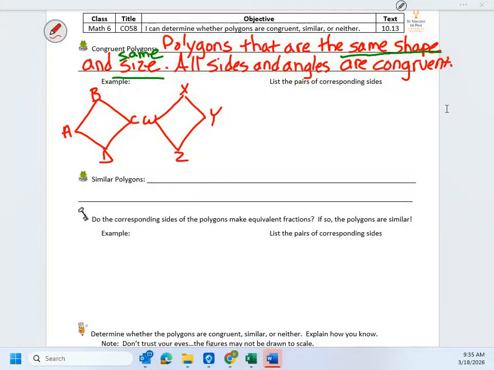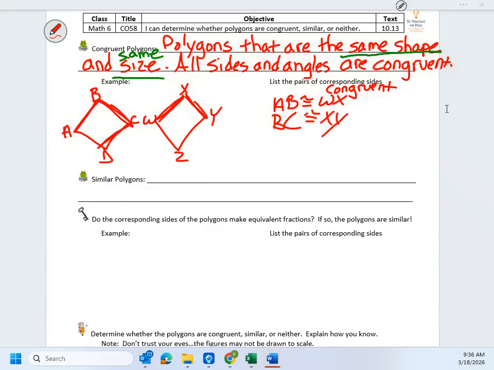Okay? Now, it says list the pairs of corresponding sides. If they are corresponding sides, they are the ones that are congruent. So, AB is congruent to WX. BC to XY.